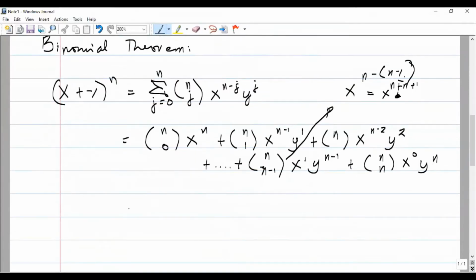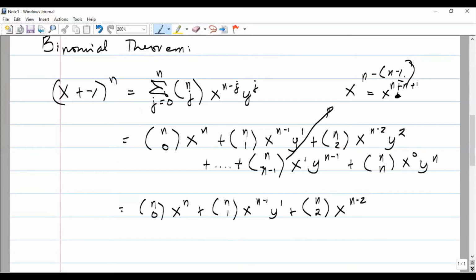So the final answer would be the combination of n taken 0 at a time times x raised to n, plus the combination of n taken 1 at a time, of x raised to n minus 1 times y raised to 1, plus the combination of n taken 2 at a time times x raised to n minus 2 times y squared, plus the combination of n taken n minus 1 at a time times x times y raised to n minus 1, plus the combination of n taken n at a time times y raised to n power.